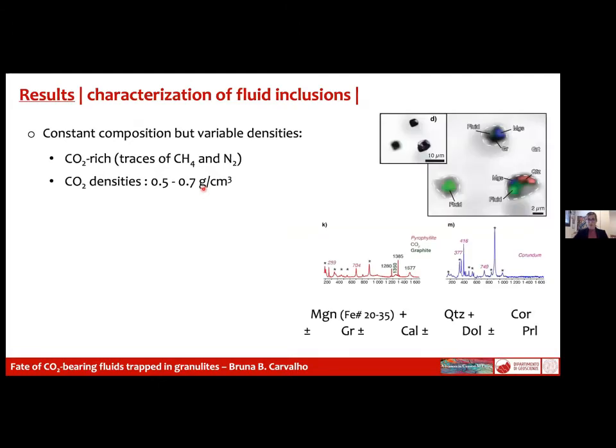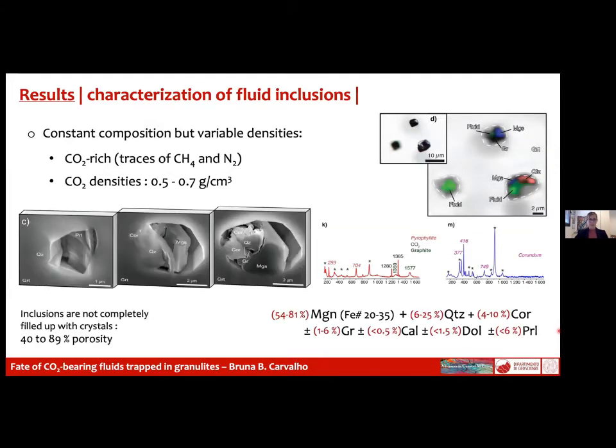With Raman maps and point analysis, we observed that these inclusions are composed of magnesite, quartz, corundum, graphite, calcite, dolomite, and also the OH-bearing pyrophyllite. We did a serial sectioning of these inclusions with the focused ion beam in order to reconstruct them in 3D.